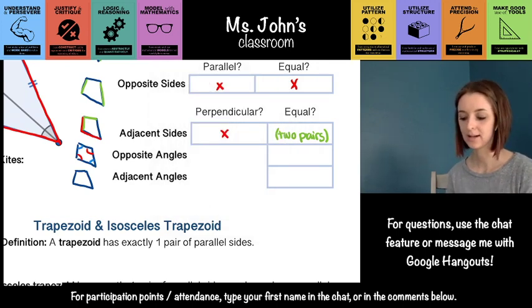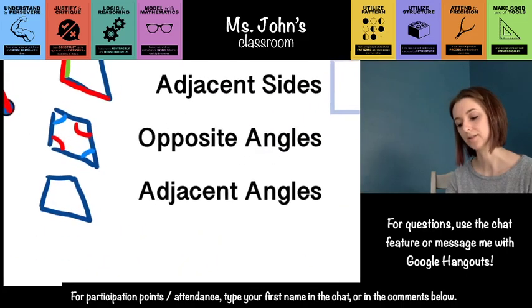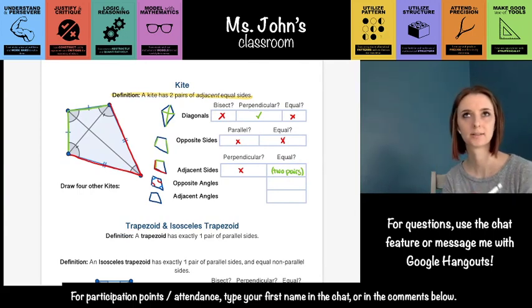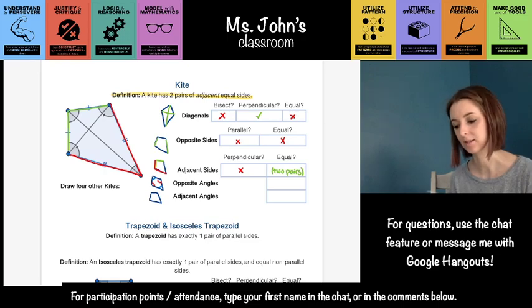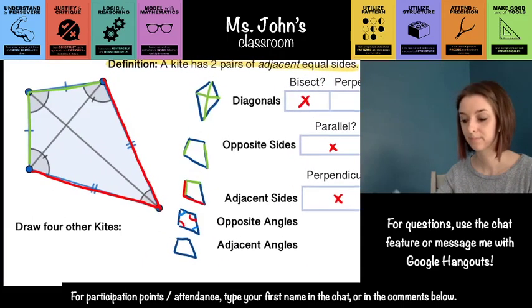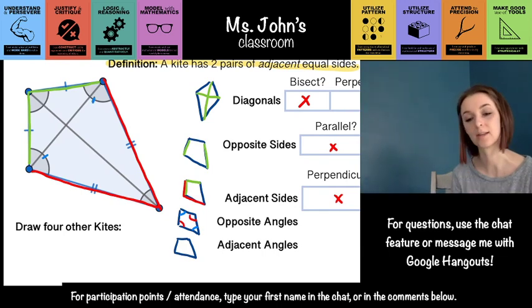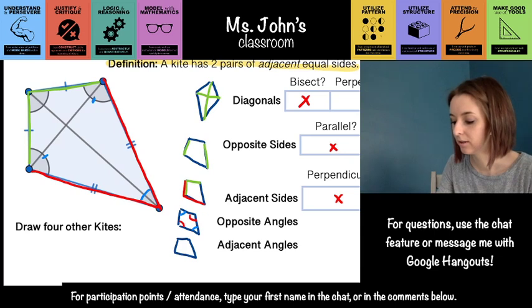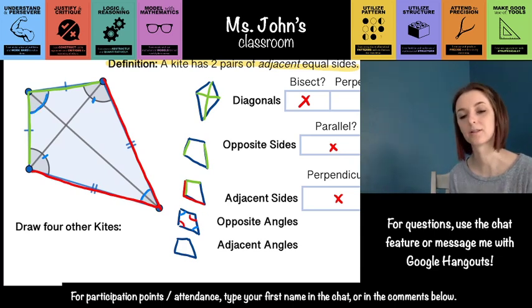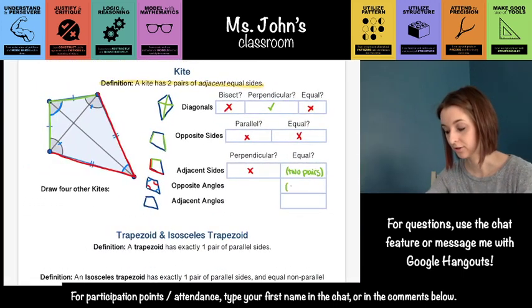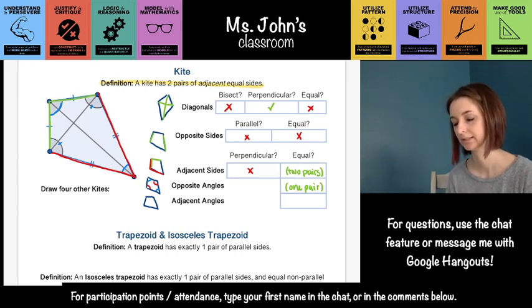So notice that in my bad drawing, with opposite angles here, there's one pair of opposite angles that are the same. These two, so in the picture you can tell, there's little lines right here indicating that those two angles are the same. However, this angle and this angle are not equal. There's a really small angle and a really big angle. So this is only true about one pair of opposite angles. Only one pair.